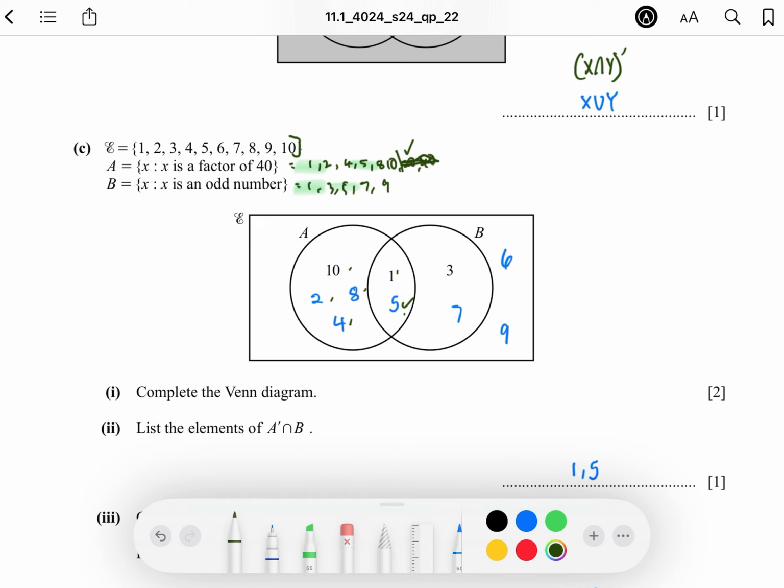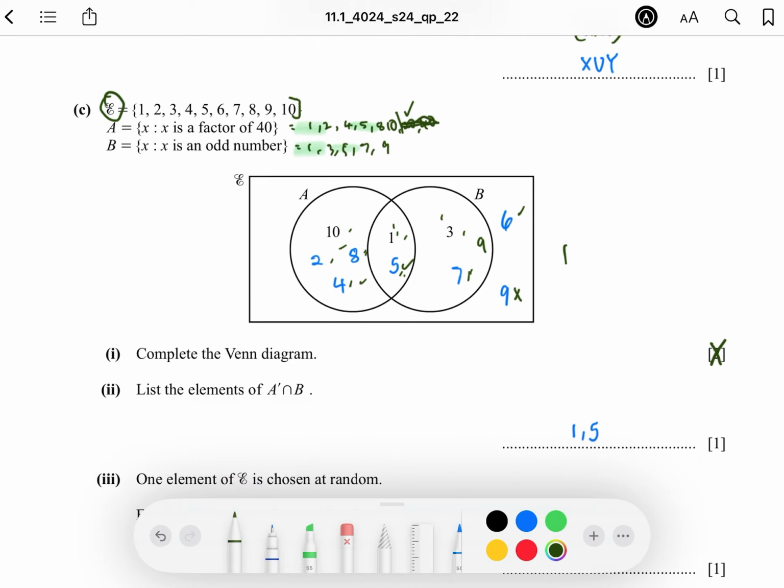And B is 1, 3, 5, 7, 9, which should be here and not here. Then double checking if we have all the elements of the universal set: 1, 2, 3, 4, 5, 6, 7, 8, 9. So 1 wrong. So this person will not get full marks. However, this person will get 1 mark to complete.